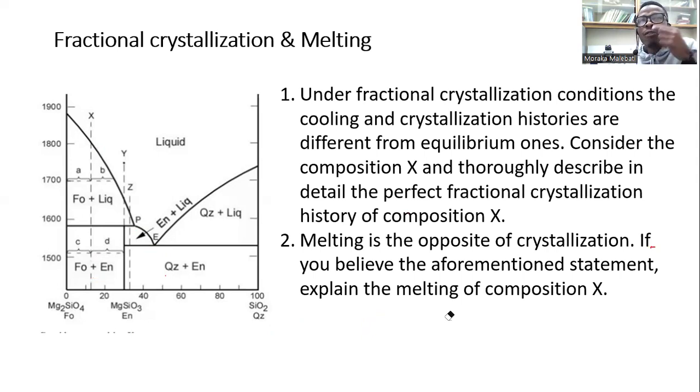We've also learned about the peritectic points and the eutectic points, and what happens if the bulk composition starts between two end members: the crystallization history must end with the end members that the bulk started with. So basically that is it about the eutectic and peritectic systems.